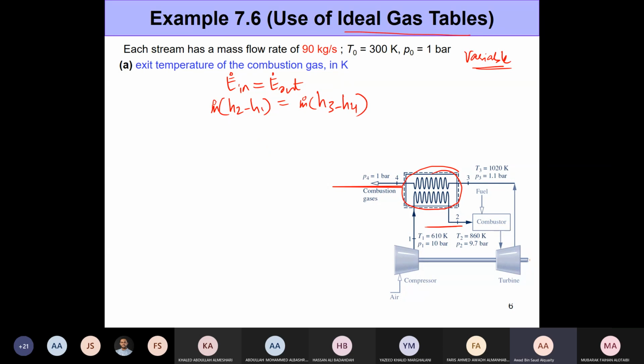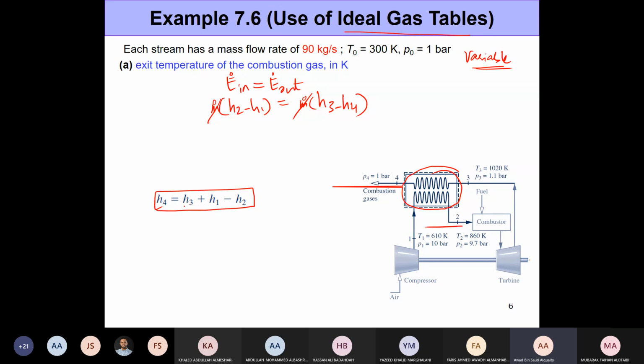The mass flow rate is the same, so you can cancel it out. Then we can send H3 to the other side so that H4 is equal to H3 plus H1 minus H2, or H4 in terms of the other three enthalpies. So when you do that, this is what you get.